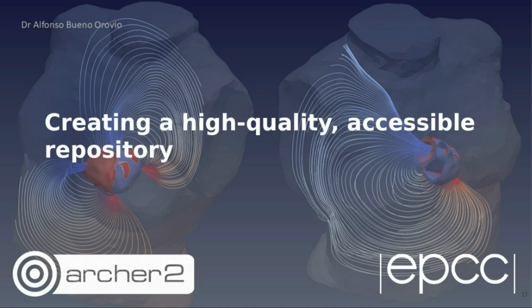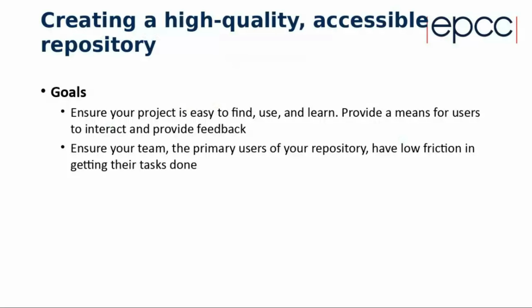Right. Okay. So how do we build our projects to be the best that they can be? The main goals are to ensure your project is easy to use. Again, project here means repository. So you want to make sure your repository is easy to find, use, and learn.